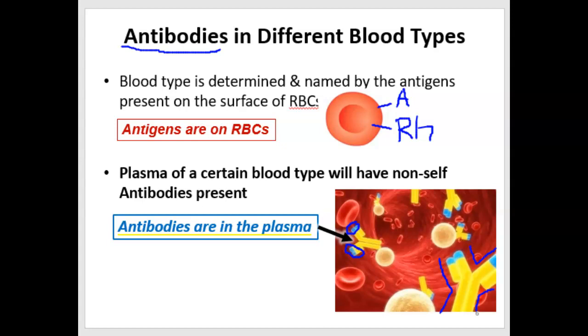So these antibodies, we don't want to be specific for the antigens in this person's own blood because it would destroy their red blood cells. So the antibodies are going to be specific for non-self antigens. Okay, non-self antigens, anything that's foreign.